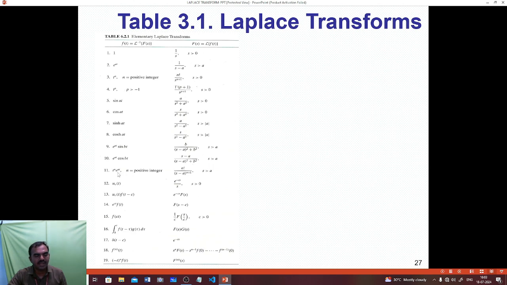And t power n e power at, if n is a positive integer, is n factorial by (s minus a) power n plus 1, where s is replaced by s minus a, s greater than a.